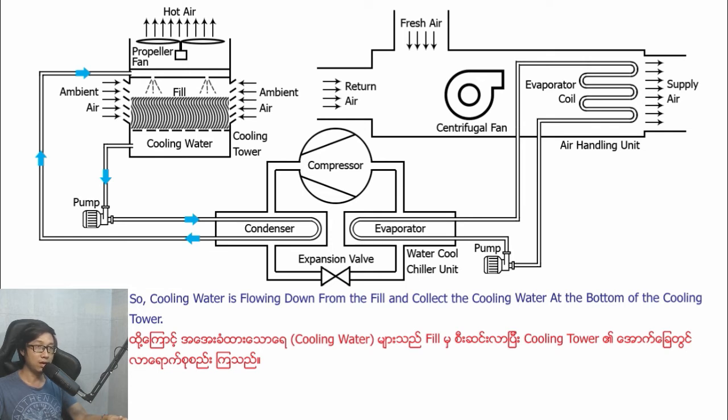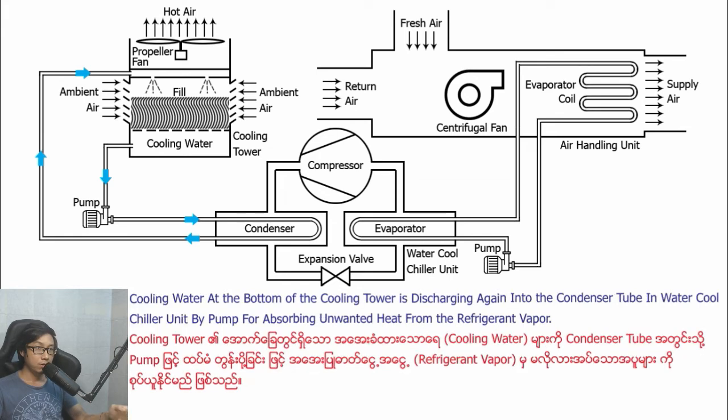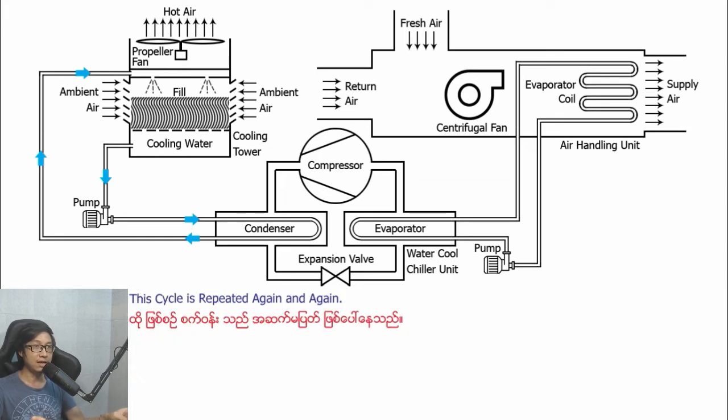The cooling water at the bottom of the cooling tower is discharged again into the condenser tube in the water-cooled chiller unit by the pump for absorbing heat from the refrigerant vapor. This cycle is repeated again and again.